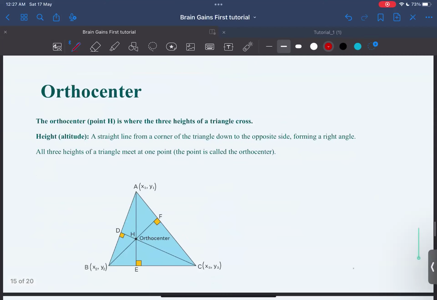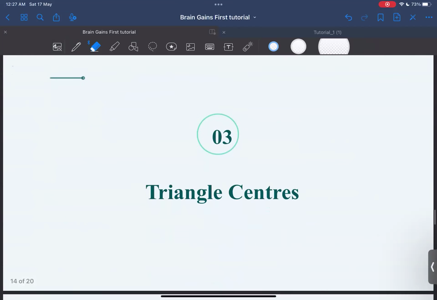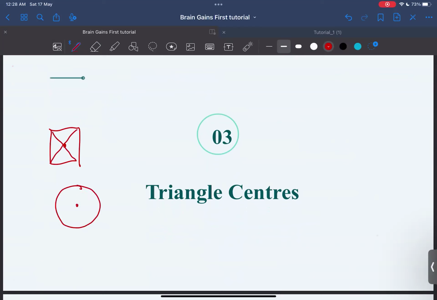So, if you're thinking about a center of an object, it's usually very obvious for symmetrical objects, like a square, it's pretty obvious where the center is, it's just the intersection of our diagonals. For a circle, it's also pretty obvious where the center is.